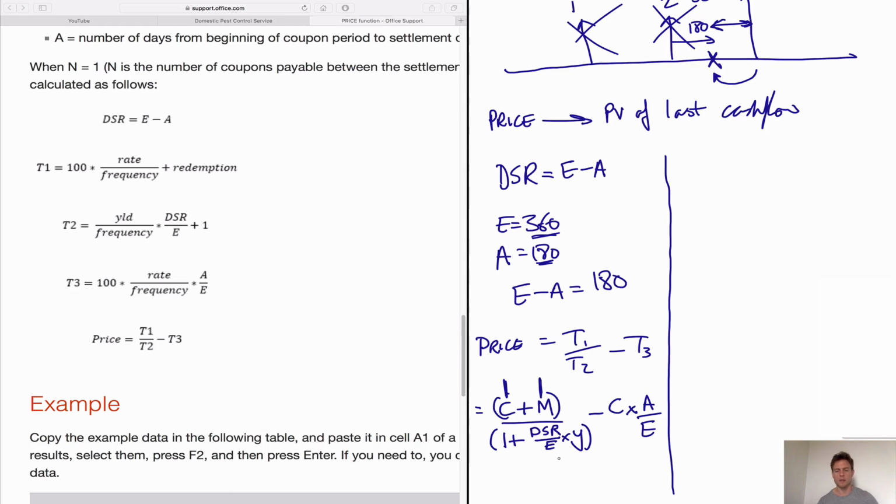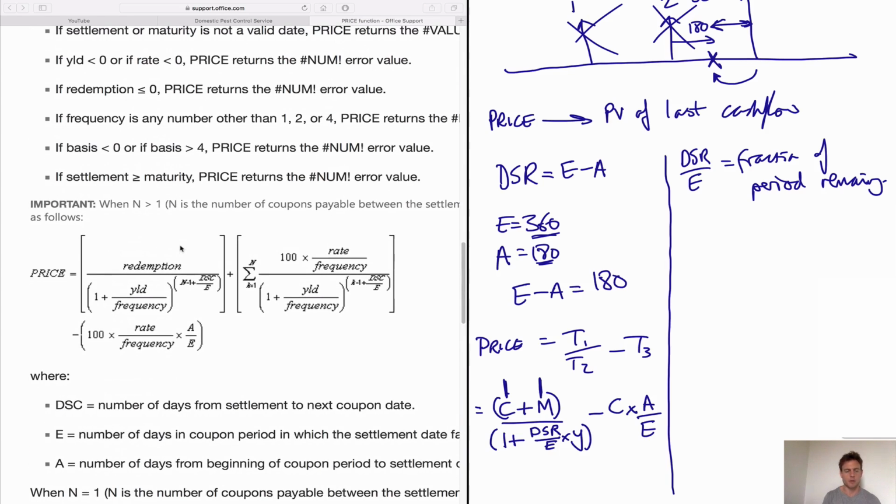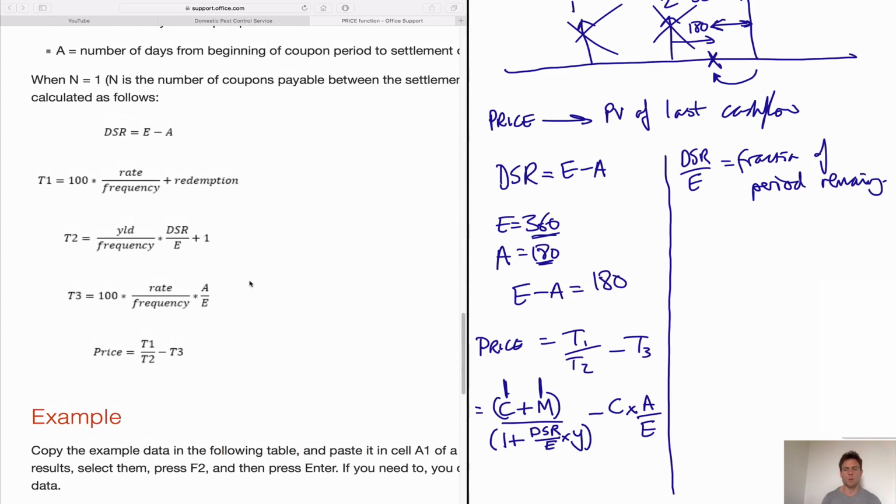So DSR over E is the fraction of the period remaining. This is actually just a very simplified version of this one here. What we're saying is that when the number of periods remaining is less than 1, the time remaining to maturity is less than 1 period. It's a fraction of a period.